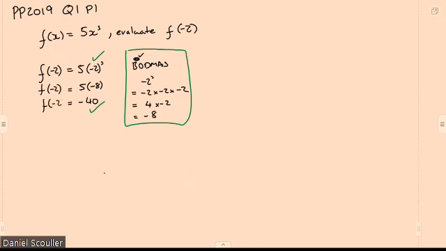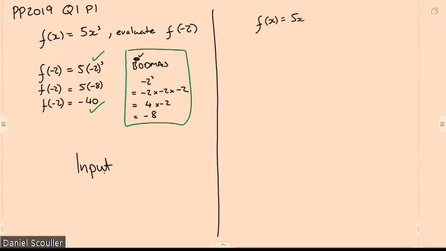Now, if they asked an output question, then you would have had f(x) equals x cubed. What did it say?